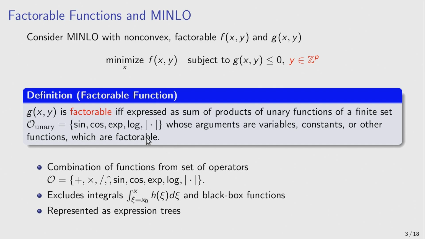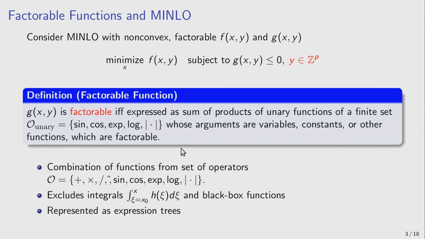So in particular, we're going to look at functions that are combinations of functions from a small set of operators. When you code up your function in AMPL, GAMS, or Python, I'm going to assume that you're only using a finite alphabet of functional forms. This would, for example, include addition, multiplication, division, exponentiation, sine, cosine, maybe tangent, logarithm, maybe absolute values.